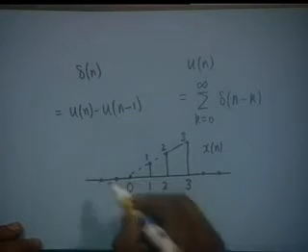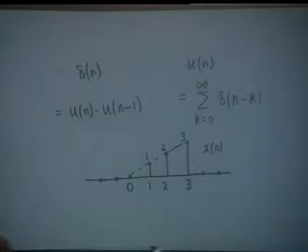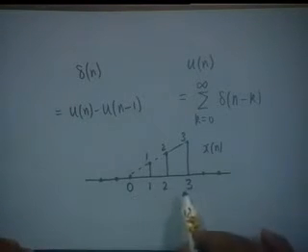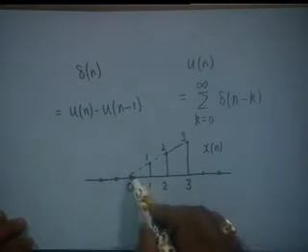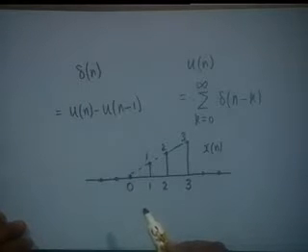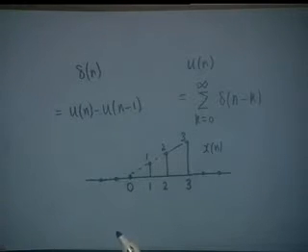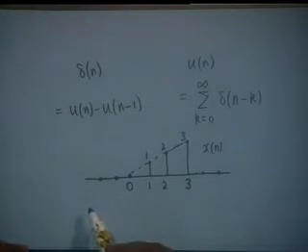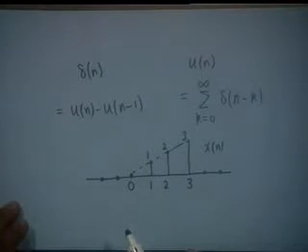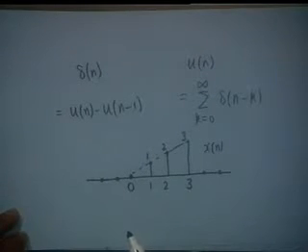This goes without saying. Whenever we draw a finite length signal, what is the length of this signal? 4. Okay. Because the sample at 0 also has to be taken into account. You might say its length 3. This 0 could belong to these zeros, all right. So, there is a fuzziness here, okay.